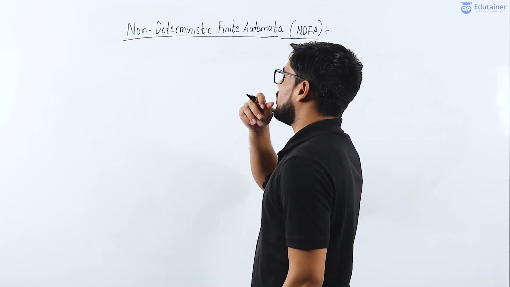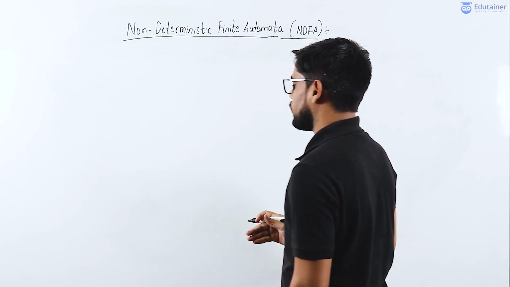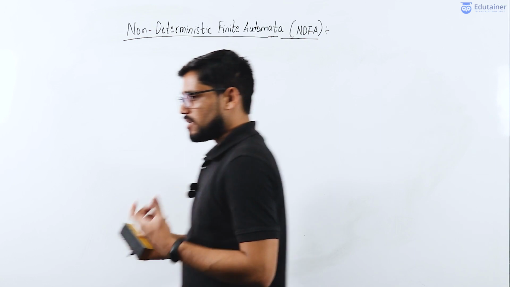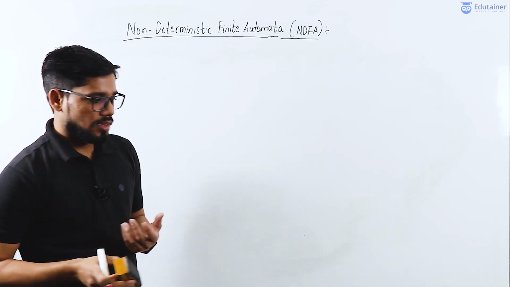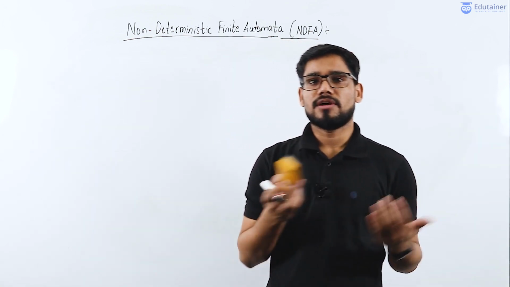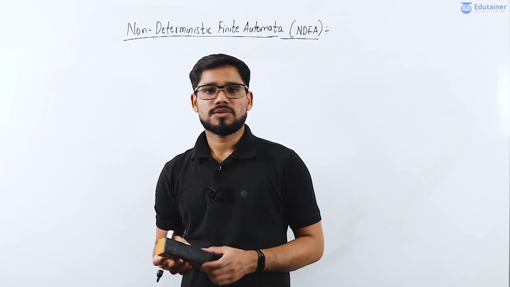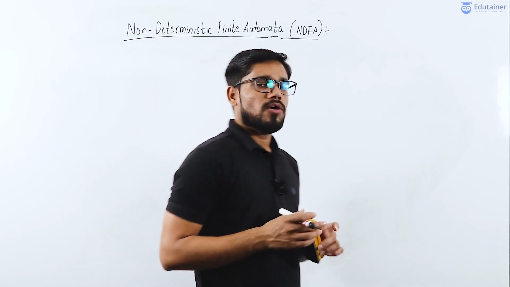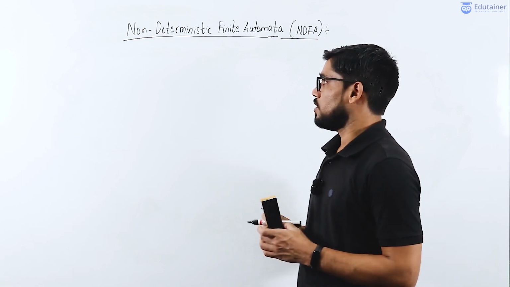So let's see the definition first. Non-deterministic finite automata means it is a non-deterministic machine, and a non-deterministic machine can take any moves for a given input alphabet. In real life a non-deterministic machine is not possible, but we will study it because of the simulation process.